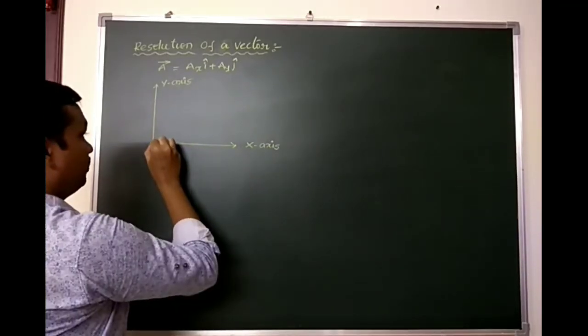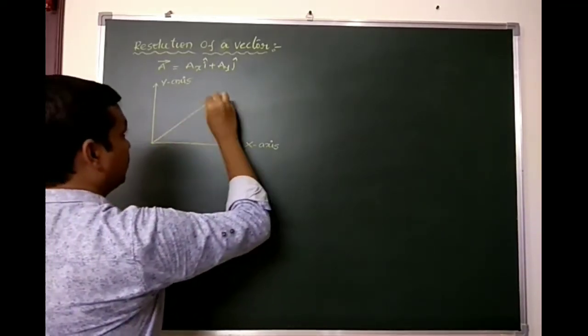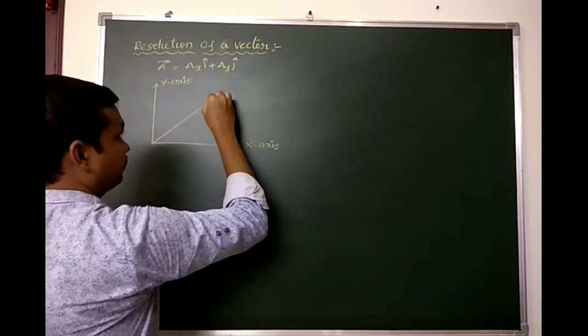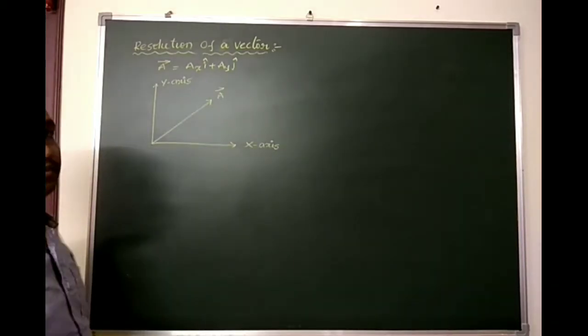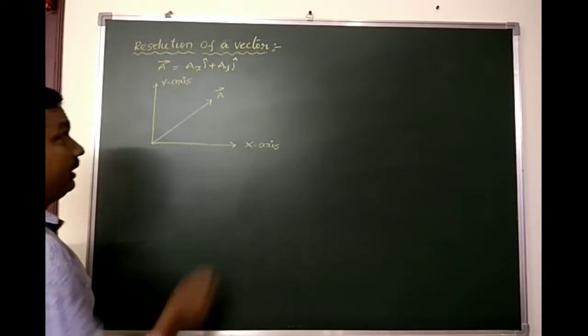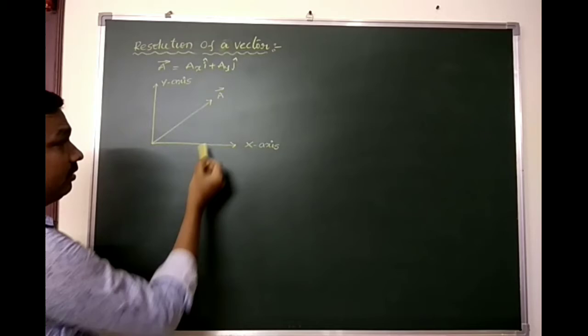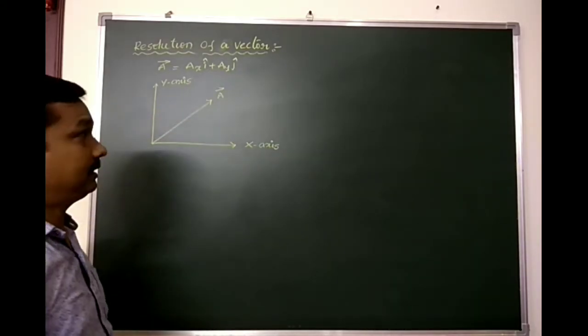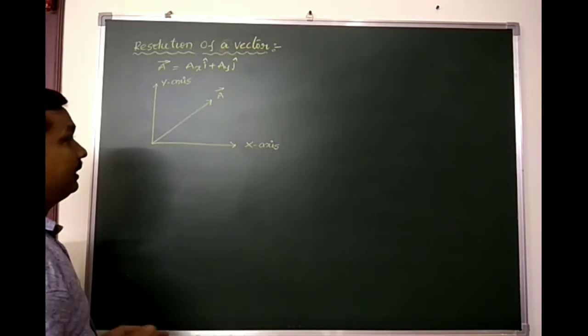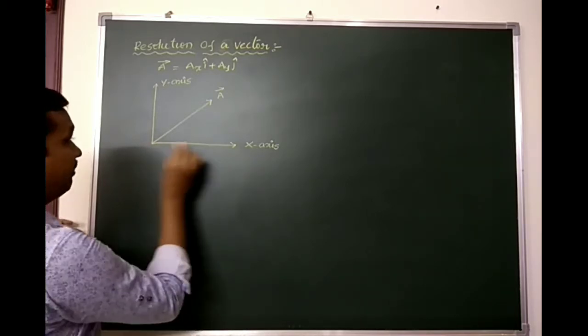So the vector is represented like this. This is A bar. Here Ax is the component along the x-axis, Ay is the component along the y-axis. What is the Ax value? What is the Ay value?